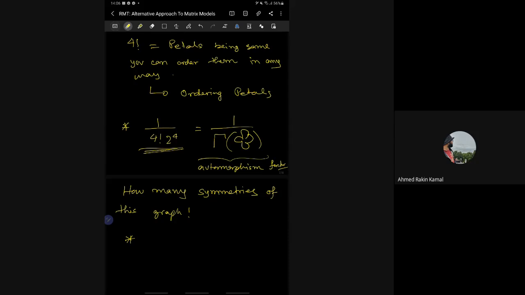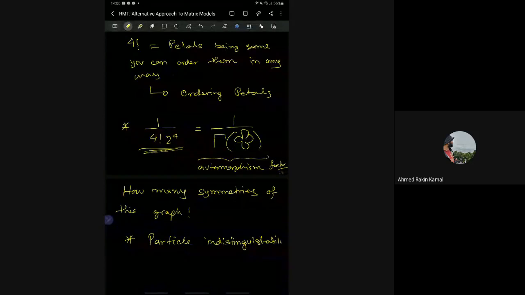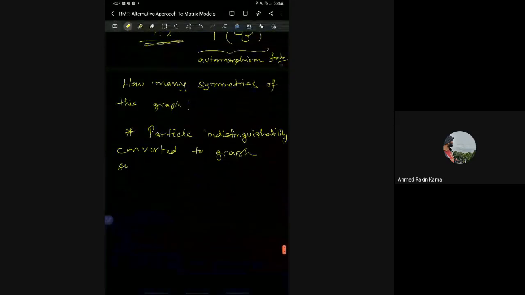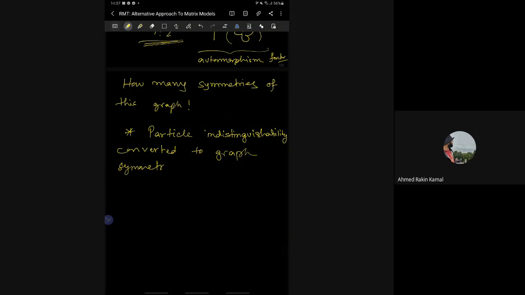So, particle indistinguishability, let me write this up. Graph symmetries. And by particle, we mean again the legs, particles that hold hands, or a special kind of particles.